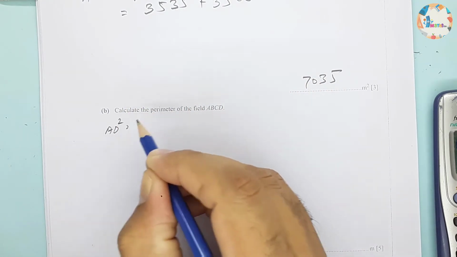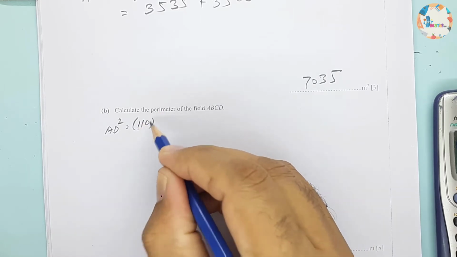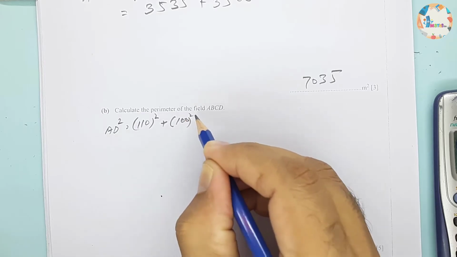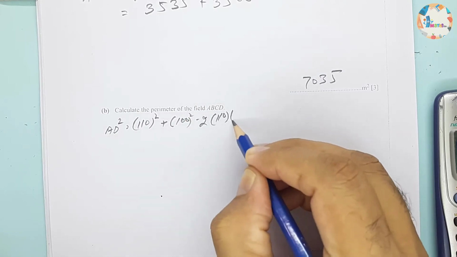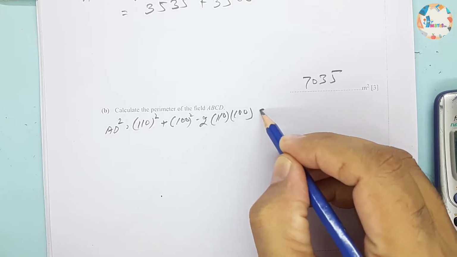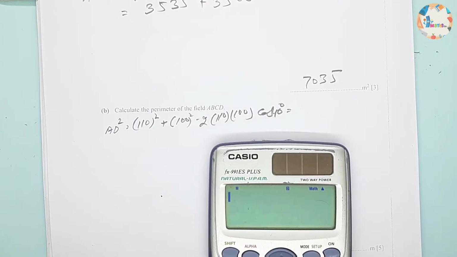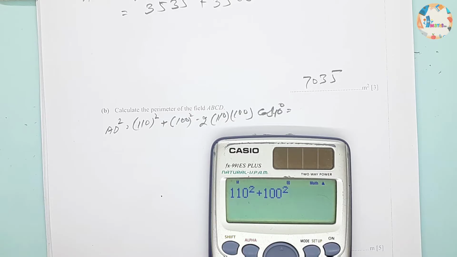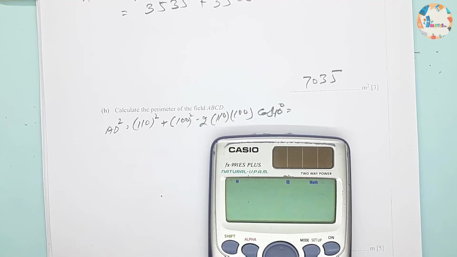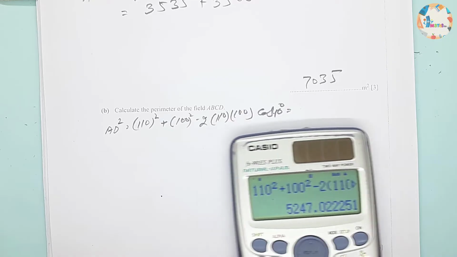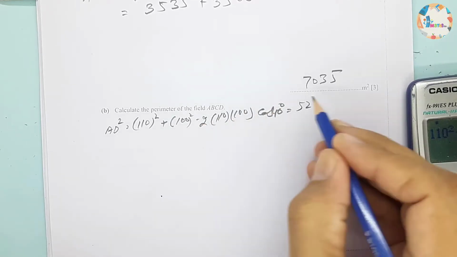AD square will be equal to one side square, which is 110 square, plus the other side, 100 square, minus 2 into both sides, 110 into 100, and cos of 40 degrees. So this is 110 squared plus 100 squared minus 2 into 110 into 100 into cos of 40 degrees, which is equal to 5247.